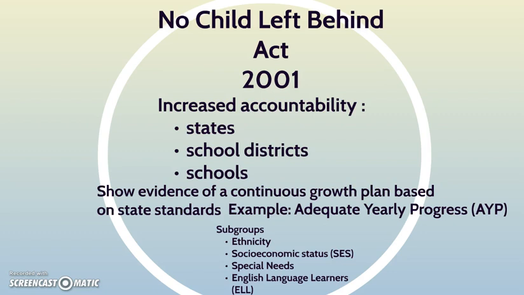In order to receive the funding from this government, and this funding is usually given to the poor and underperforming schools, the states had to show evidence of a continuous growth plan based on state standards.